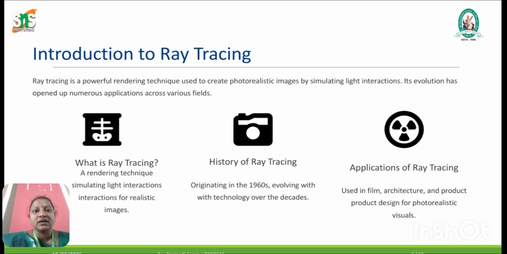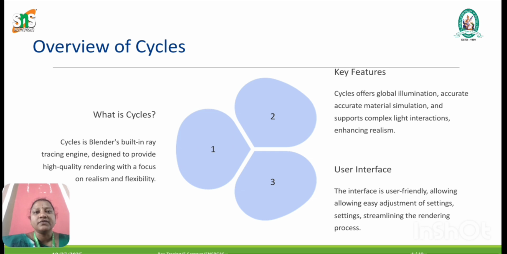We are using it in numerous applications across various fields. Moreover, it is the light interaction that gives realistic images. According to that, we are using it in film, architecture and product design for photorealism.